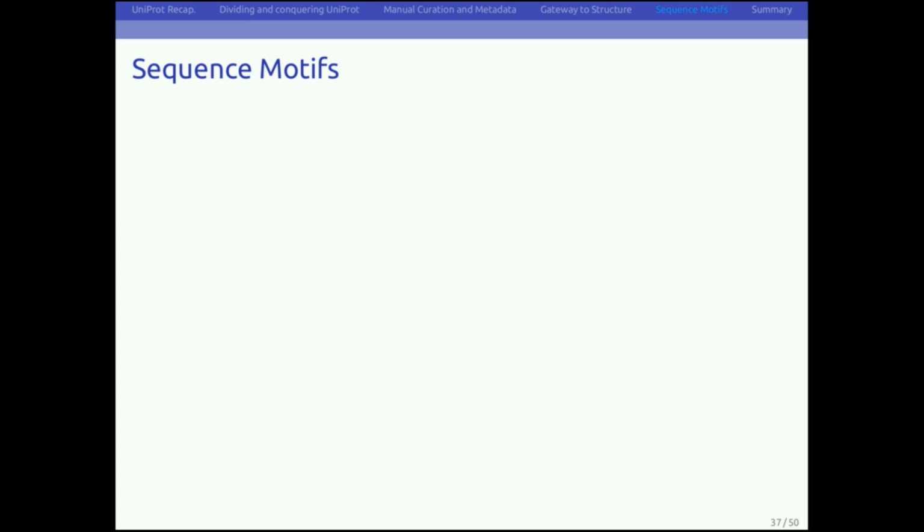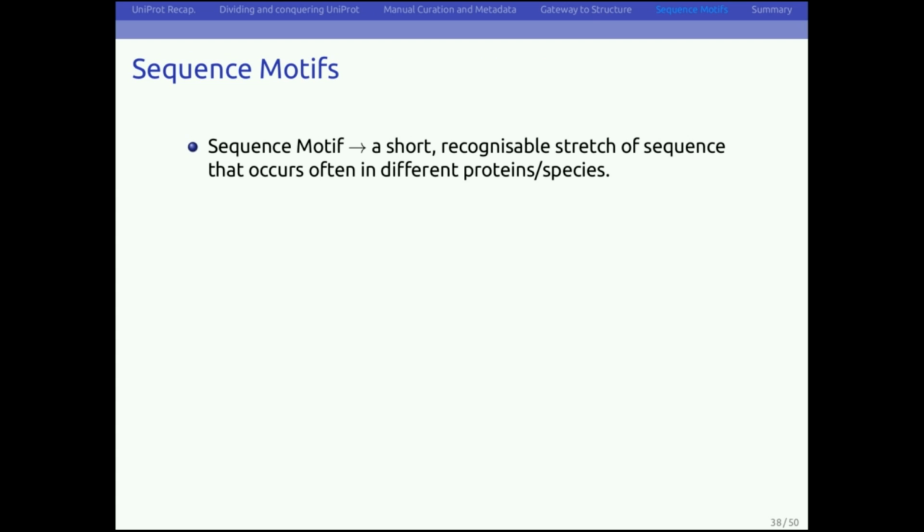Okay, very quickly before we end off today, I want to discuss sequence motifs. So what is a sequence motif? Well, what is a motif in general? It's a short, recognizable stretch of sequence that occurs in different proteins in different species, and motifs are recognizable across different organisms.